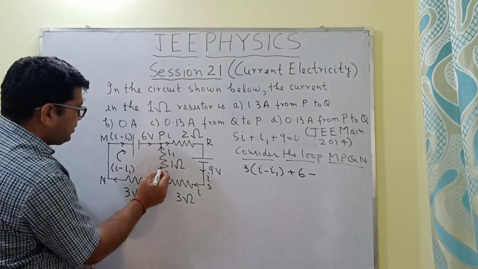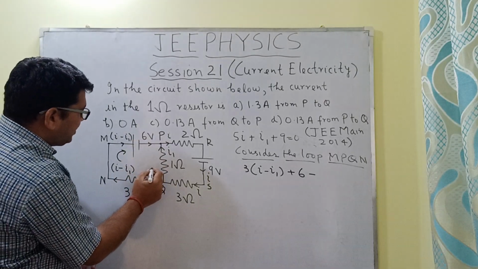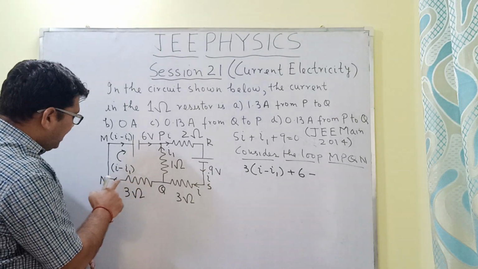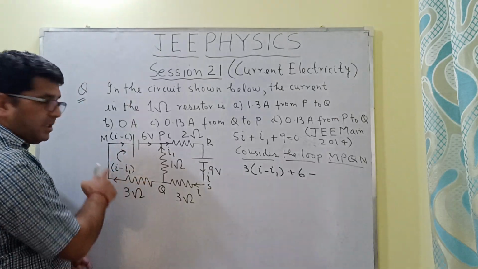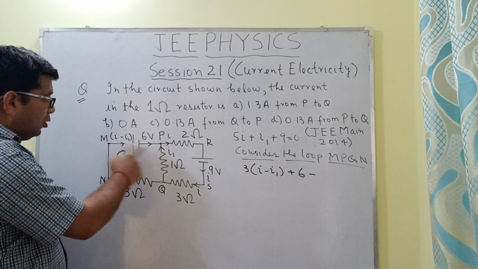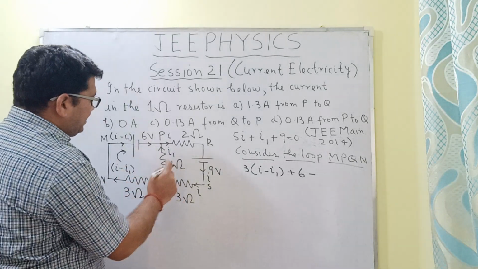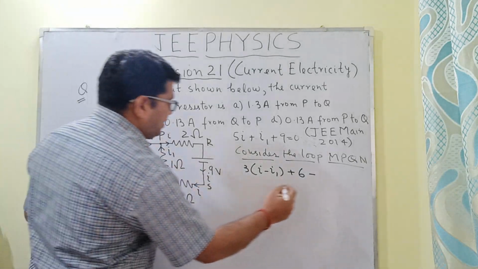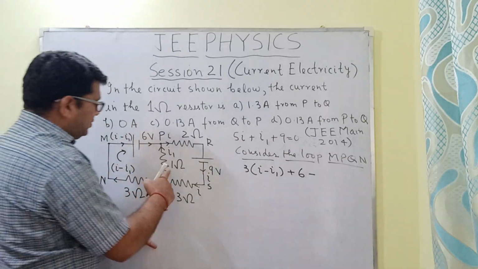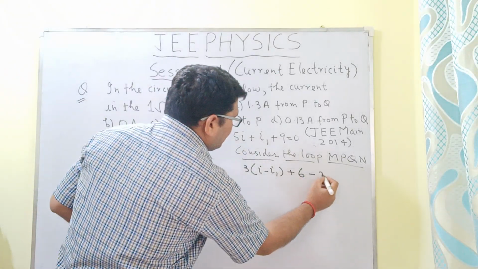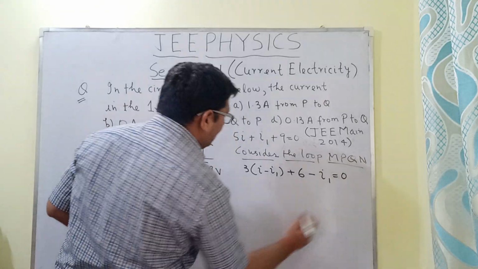The direction of the current which is flowing through this 1 ohm resistor is opposite to the direction of the current which we have taken in this loop. So this will be I1 into 1, which is equal to I1, and this is equal to 0.